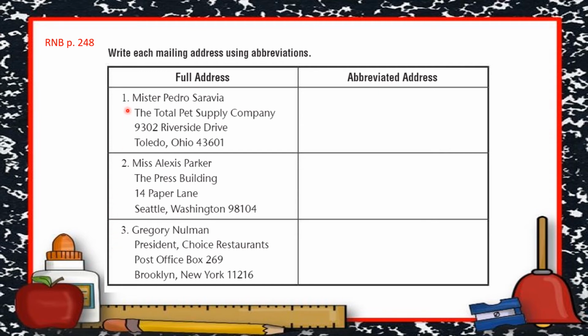So how do you abbreviate the words in Mr. Pedro Saravia, the Total Pet Supply Company, 9302 Riverside Drive, Toledo, Ohio, 43601? So it should be written like this. So you have capital M and R plus a full stop for Mr. And then company should be capital C-O and a full stop.